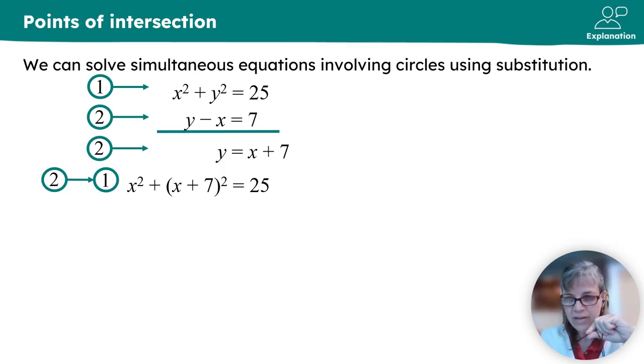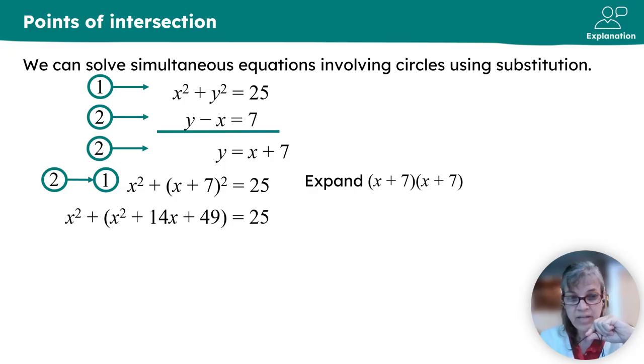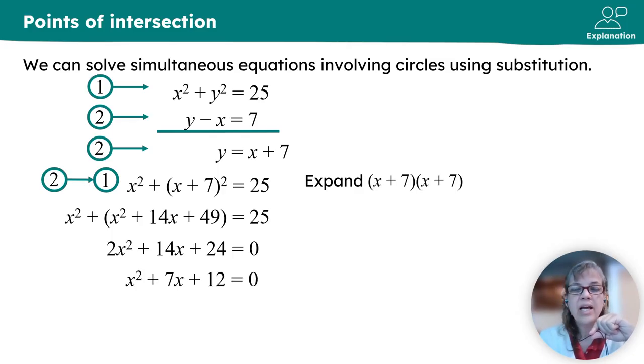Easier to do that than to be substituting with a square root if you try to isolate one from the first equation. You're going to have to multiply out this quadratic, expand (x plus 7) times (x plus 7). Don't miss that middle term. Then you're going to rearrange. If there is a common factor, you want to divide out that common factor.